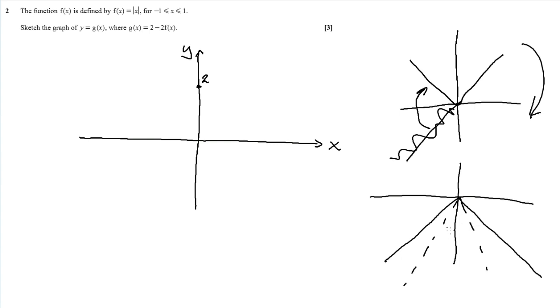And now we just need to transform this up by 2 into the proper intercept, so you should get something along this line, except the fact that we have a domain limitation, so we need to take off the negative values.